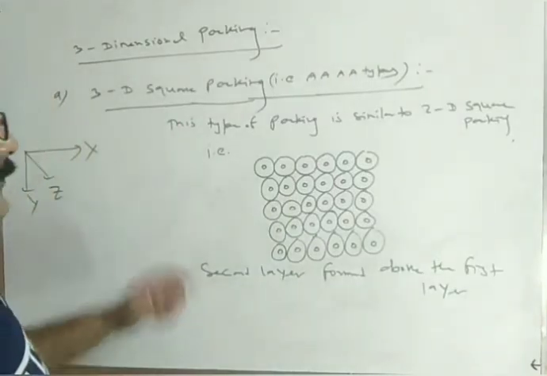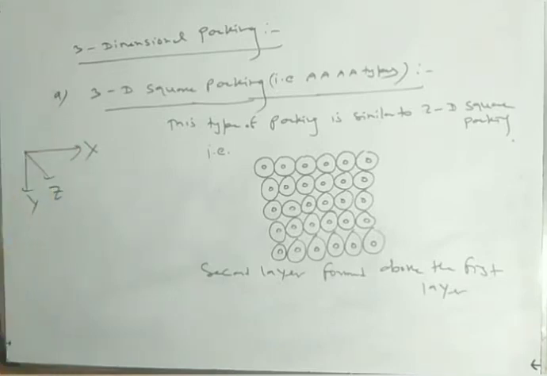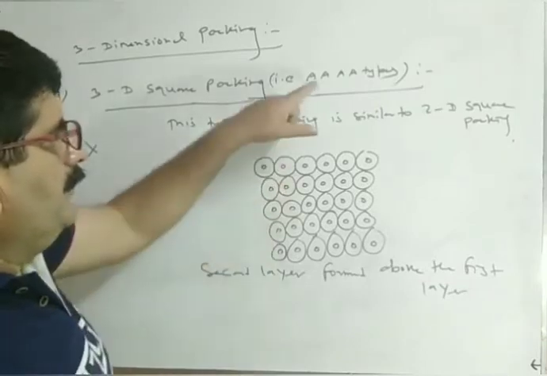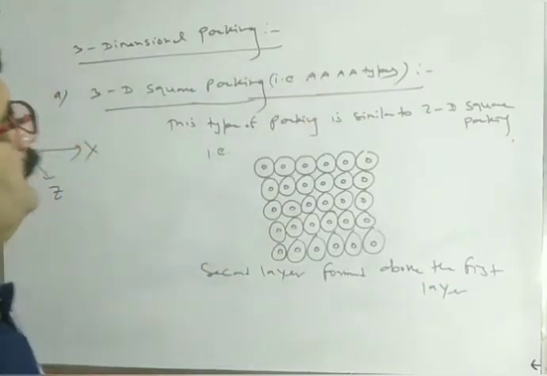Then this type of packing is called what? 3D square packing, that is AAAA type.